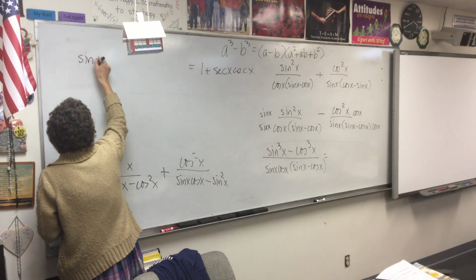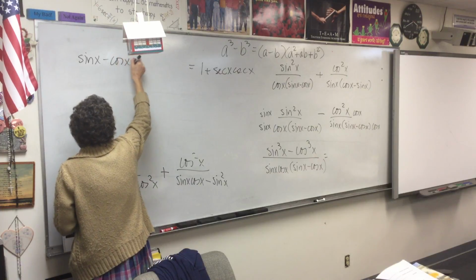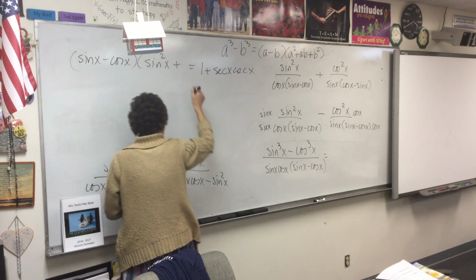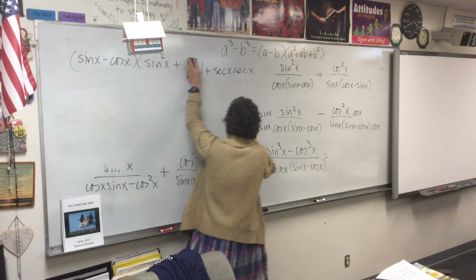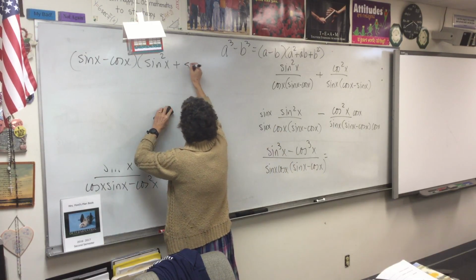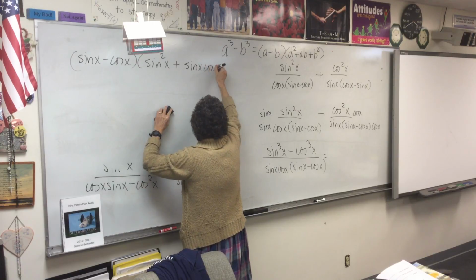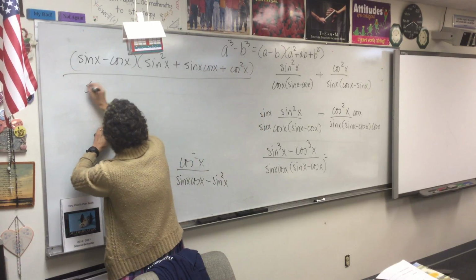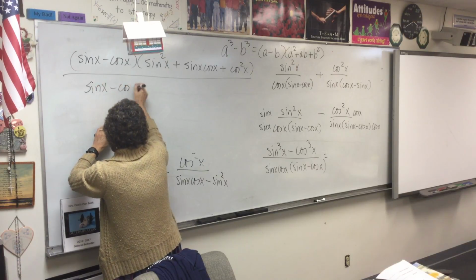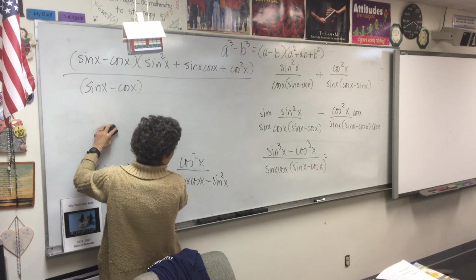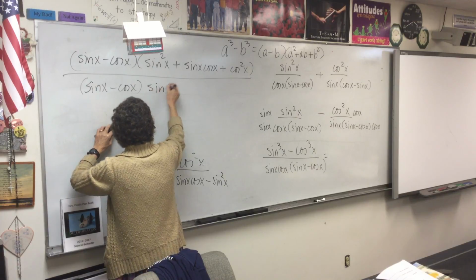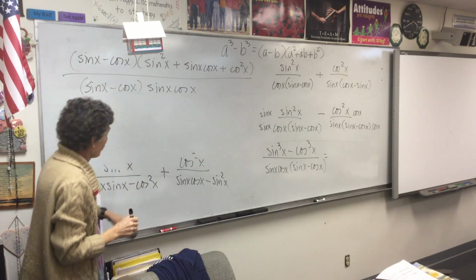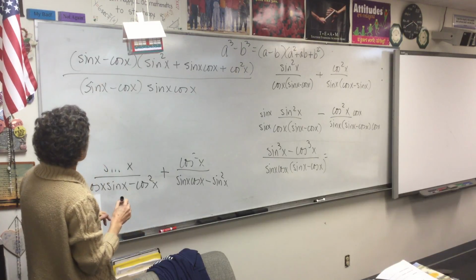So I have sine minus cosine times sine squared plus sine cosine plus cosine squared. Well, I'm lost. No, don't be lost. You got it. We're almost done. Hang on, we'll finish it.